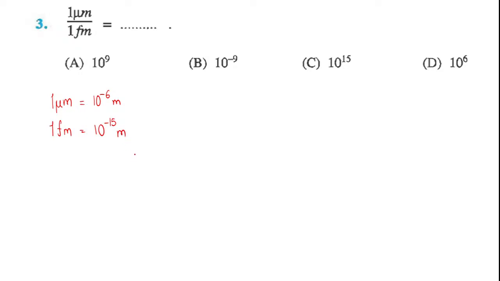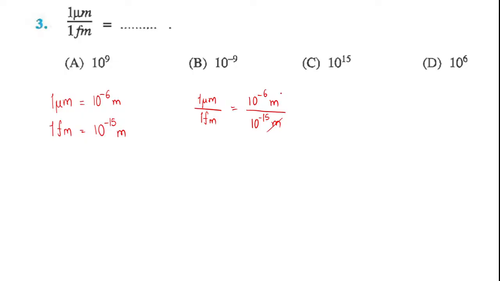Got it? Once you have this, we are supposed to go with the ratio, that is 1 micrometer divided by 1 Fermi, that is 10 to the power minus 6 meter divided by 10 to the power minus 15 meter.